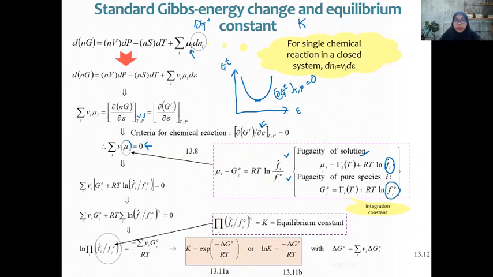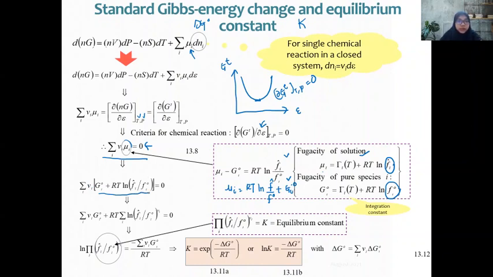Okay, differentiating between both, we can have this potential equal to RT ln the fugacity in the solution over the fugacity of the pure species plus GI at the standard. Replacing it into this expression gives us the summation of the stoichiometric number by replacing the chemical potential.